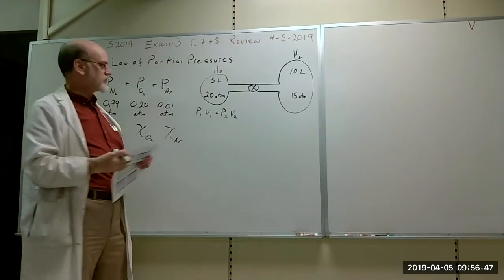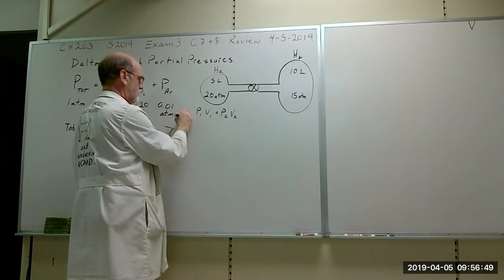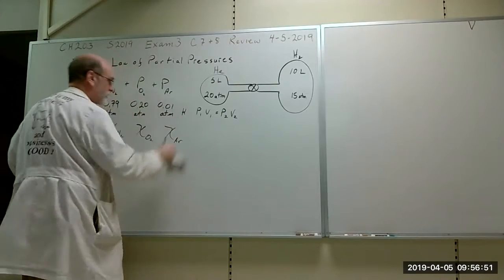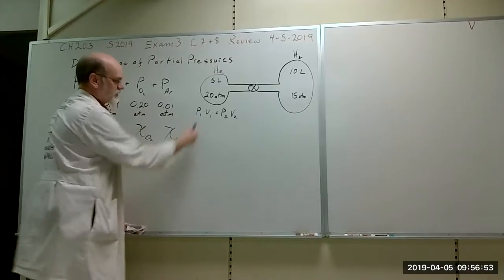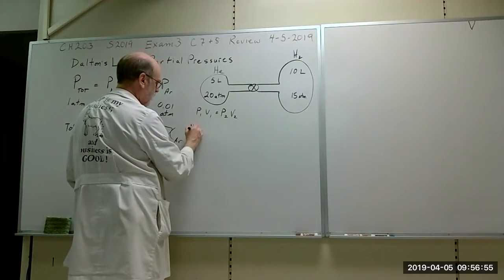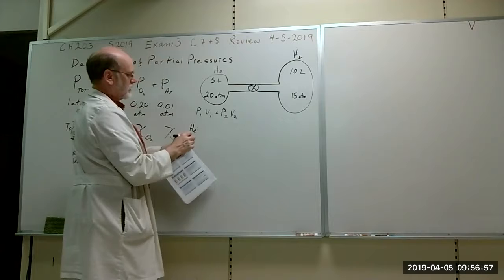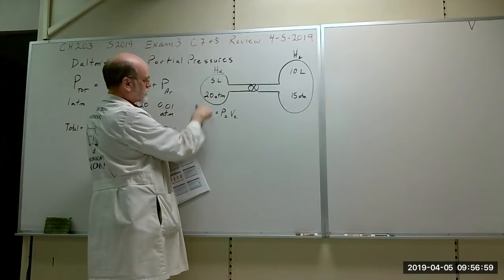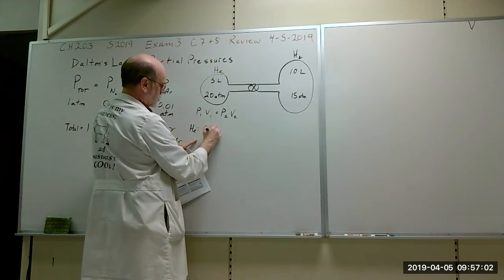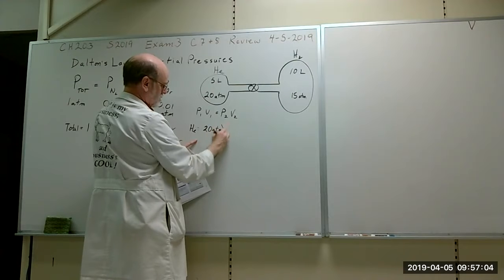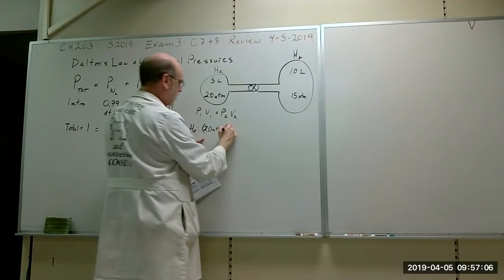What's the before conditions for helium? Let's do this one. Because that's going to work for both of them. So for the helium problem, the before is pressure is 20 atmospheres. And volume is 5 liters, right?